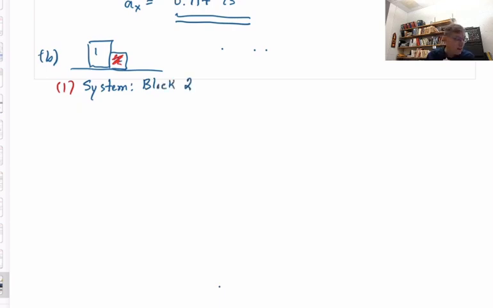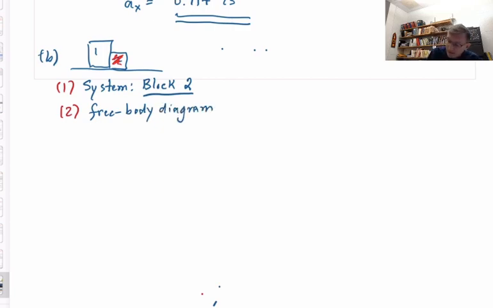But my system now is only block 2, not block 1. Okay? My choice. But now that I've made the choice of the system, I have to be consistent with it. So now we draw the free body diagram for this system.